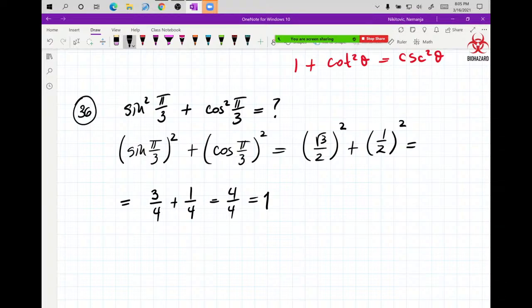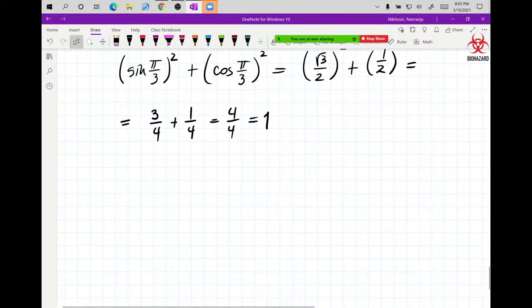Whether you use the formula that was boxed to say that this is 1, or you do the computation, it has to be 1 either way. Doesn't matter which way you do it. So that was problem 36. Let's take a look at one more, problem 38, because it looks weird.